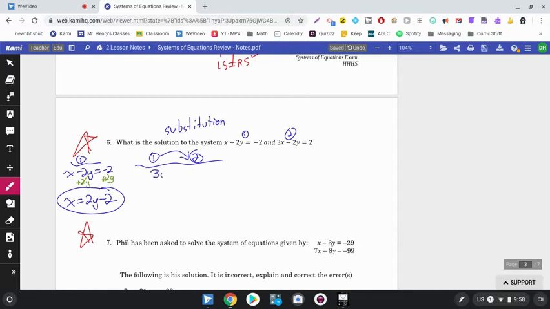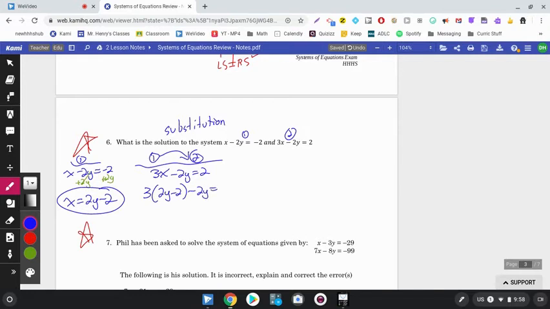So equation 2 being 3x minus 2y equals 2. Instead of saying x, I'm going to say 2y minus 2. I'm substituting this in. This replaces your x. 3 times 2y minus 2, minus 2y equals 2. And now I have an equation I can solve.